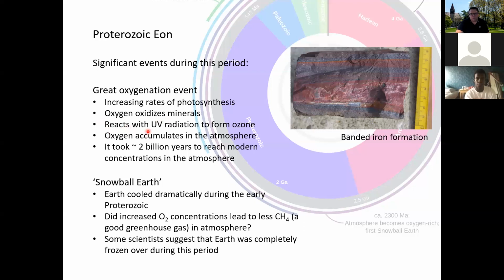The human body wasn't around, of course. So we start to see other factors as well. Once oxygen gets into the atmosphere, we can start to see ozone, free oxygen, O2 in the atmosphere. We can start to see it interact with UV radiation, which is very toxic to life.